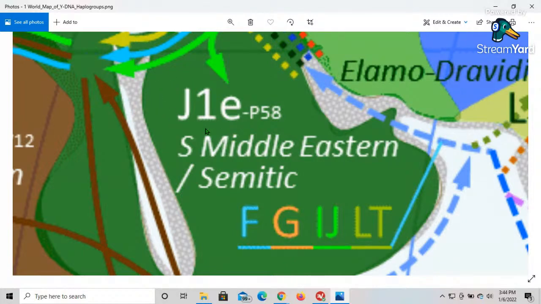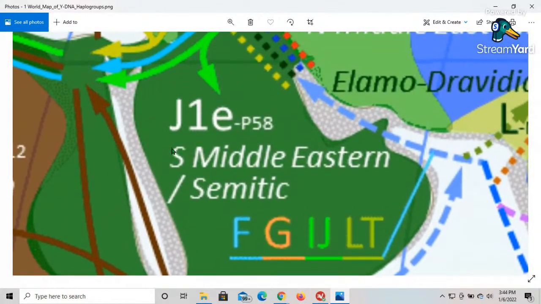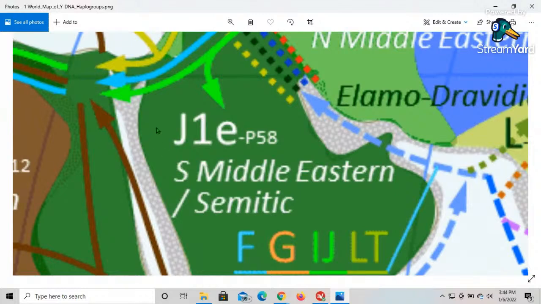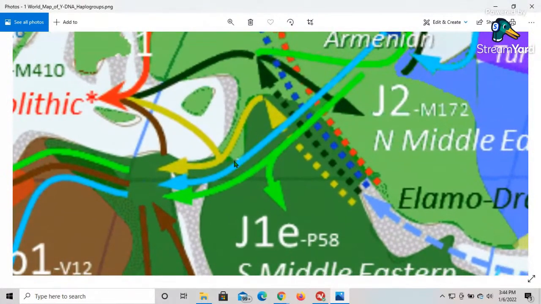And since it's the descendants of Aaron, or the tribe of Levi, then we know that's Israelite. That's an Israelite paternal Y chromosome. But then again, some of the J1s are Arabic as well as possibly just basic Hebrews in the area.